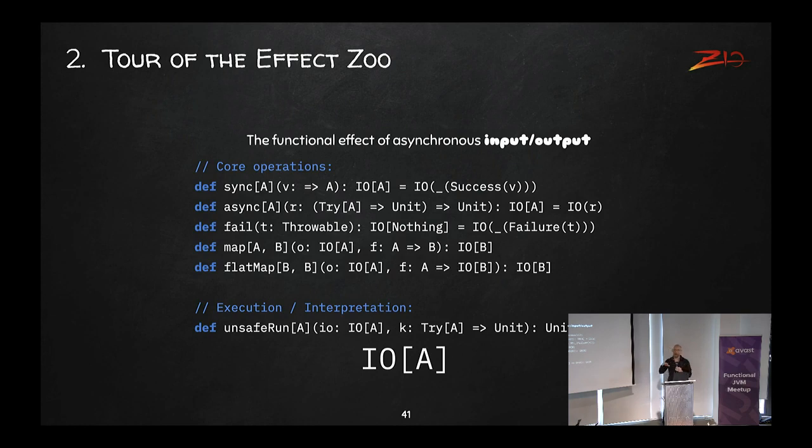Functional effects are always, always, always immutable data types that declaratively describe a bunch of different operations in some business domain that you can end up interpreting to translate into something that's lower level than that specific concern.